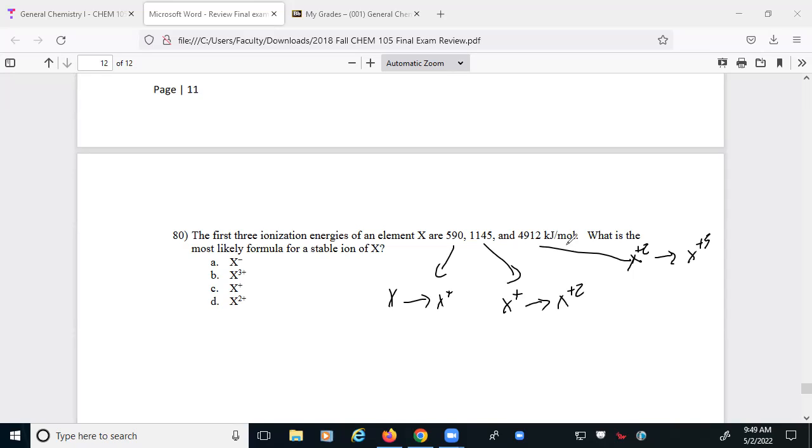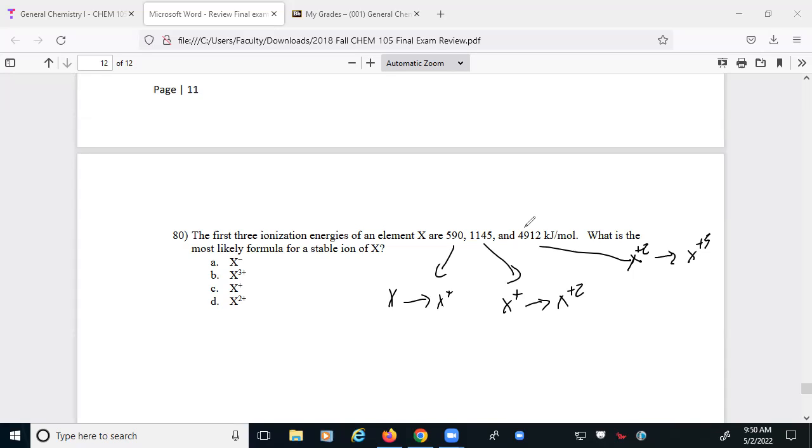They all seem to be varying about roughly the same amount. Or is there a jump? There's a jump. The third energy is a lot bigger than the second one was. These two are relatively close. The third one seems to be really far away.